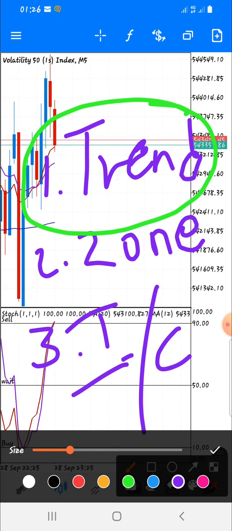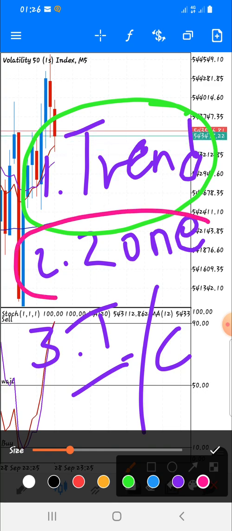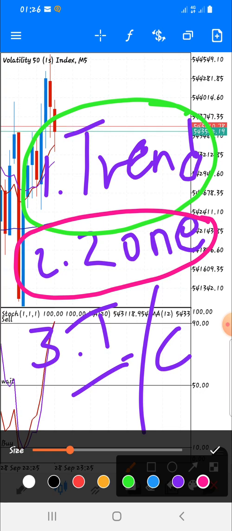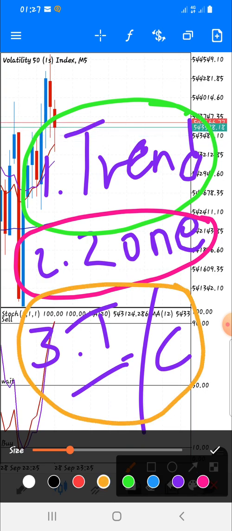Another thing, you need to see the zone, the support and resistance level zone. Where is the market currently? Where has the market rested? Where is the strength of the market? Lastly, see the impulse and the corrective wave.